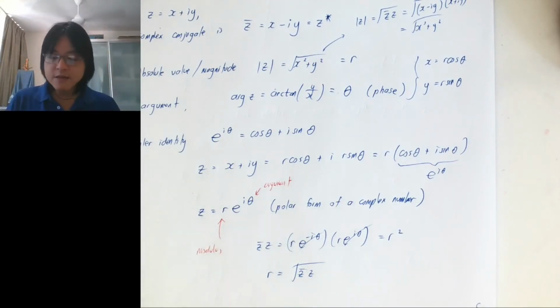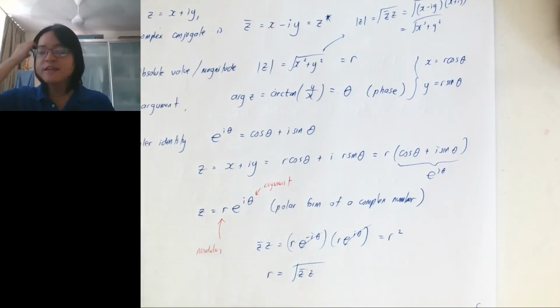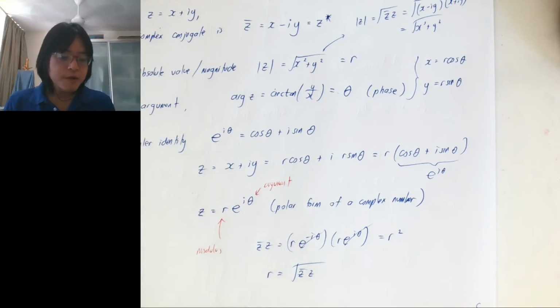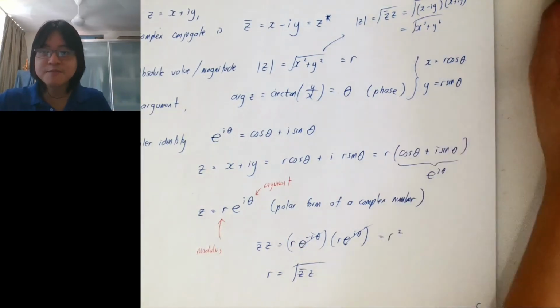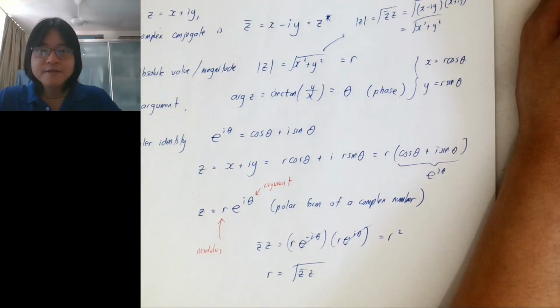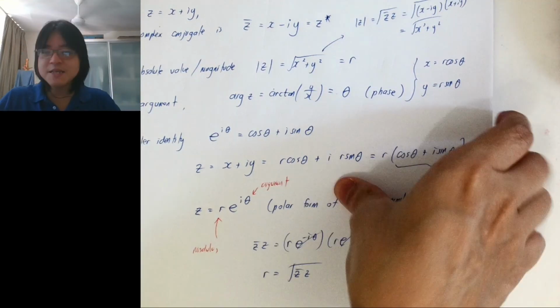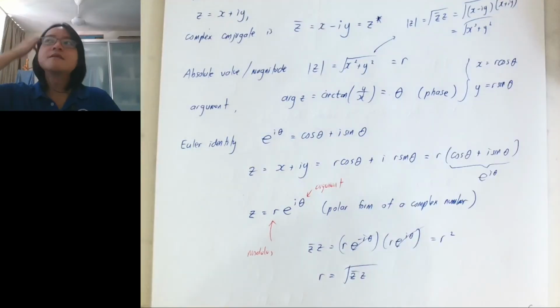So this is a very crash course in complex numbers, but it should be just enough for what we will be needing later. Does anyone have questions about complex numbers? Everyone okay, right? Familiar, you have seen it before.